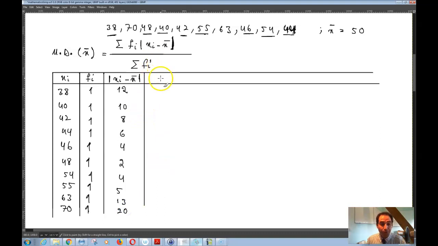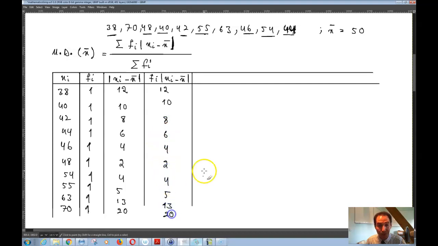And then if you multiply f of i times the absolute value of x of i minus x bar, you will have to multiply by one each of these numbers. You'll get the same numbers: 12, 10, 8, 6, 4, 2, 4, 5, 13, and 20.